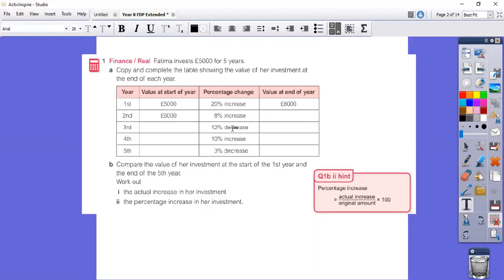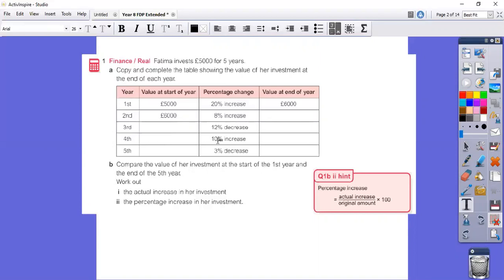So this time you've got to do this amount multiplied by 0.88 to give you the value at the end of year 3. Then the value at the end of year 3 rolls over, becomes the value at the start of year 4. And here she receives a 10% increase.